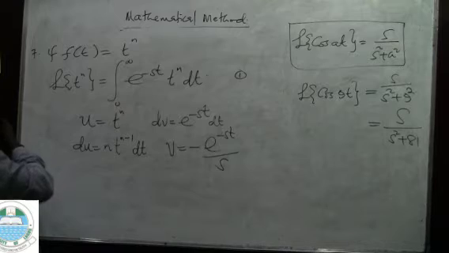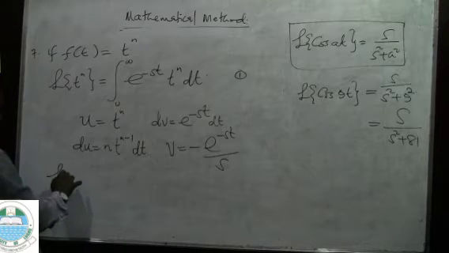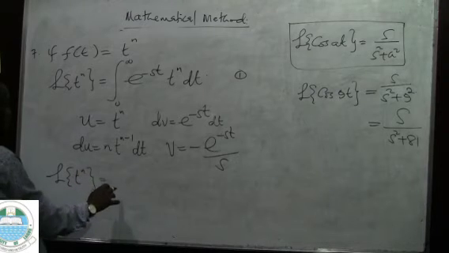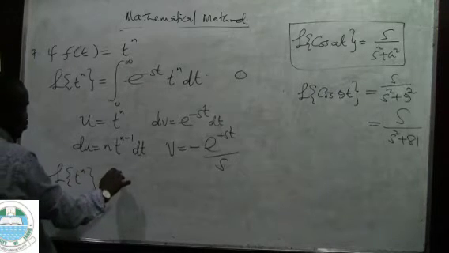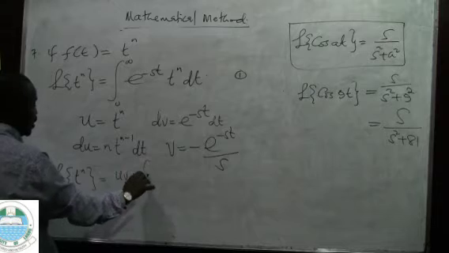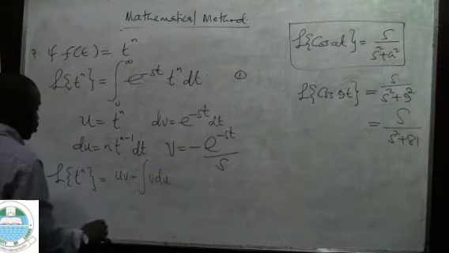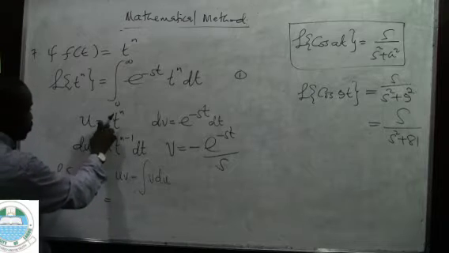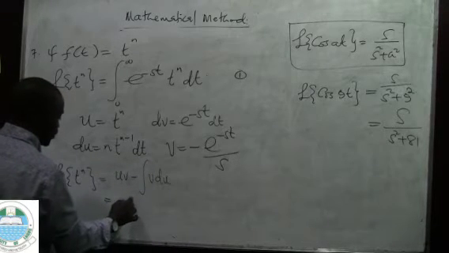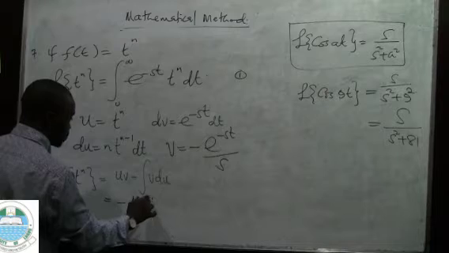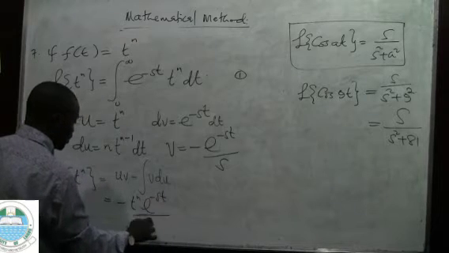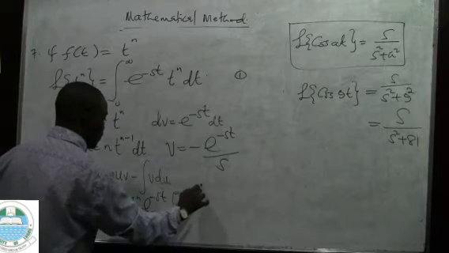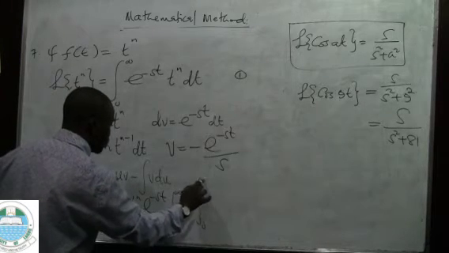Now apply the rule that the Laplace transform of t raised to power n will be uv minus the integral of v du, which gives uv, minus t raised to power n exponential minus st divided by s between 0 and infinity, minus the integral from 0 to infinity.